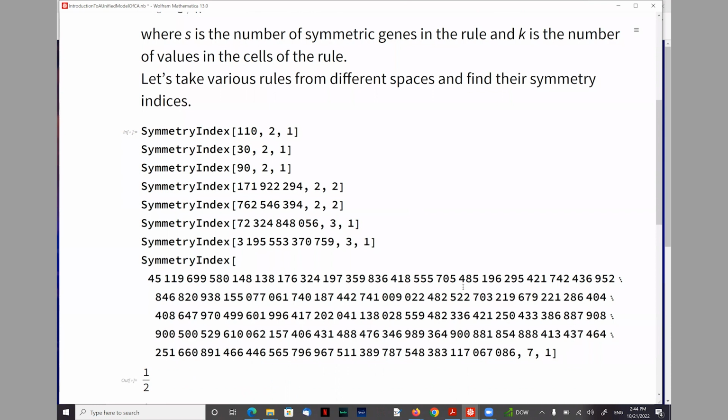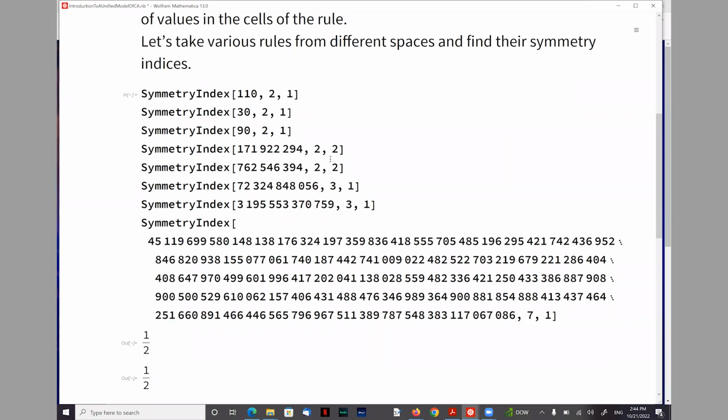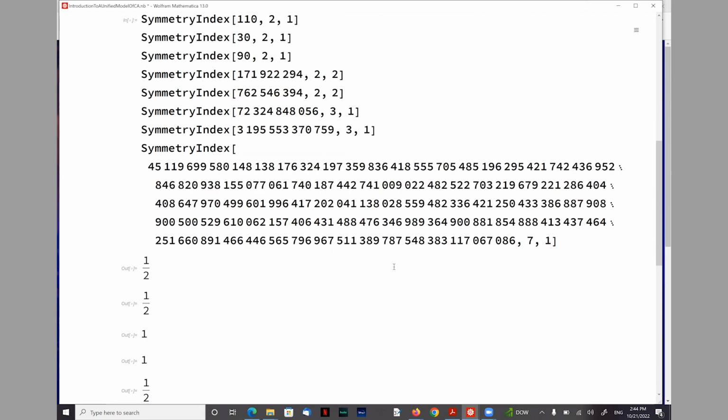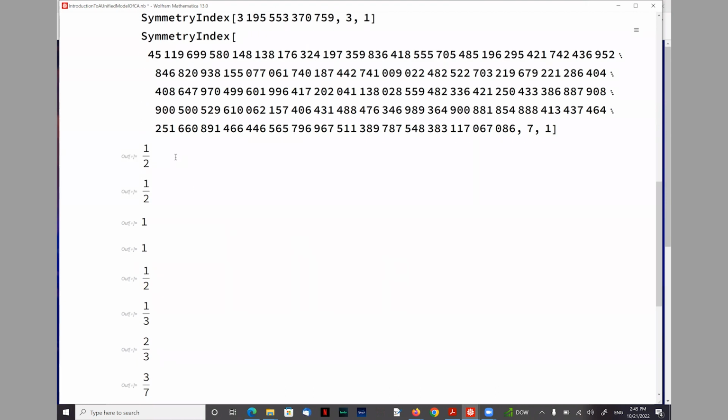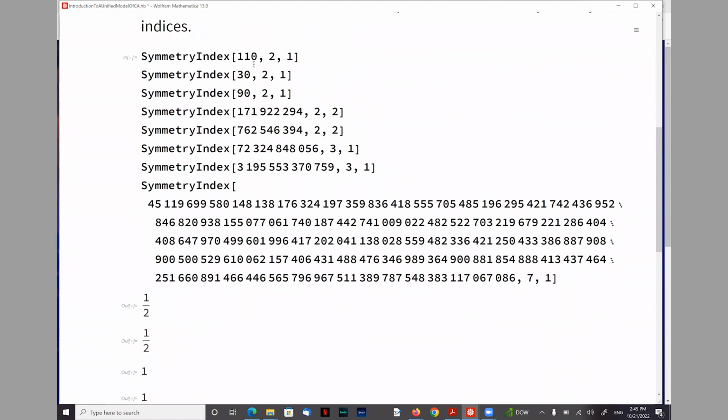We take different rules and find the symmetry index for each one of those. And I even tried this one. This is in K equals 7, R equals 1, so that's a little bit bigger. I didn't memorize it, but here we have the symmetry index. For instance, 110 is 1/2. That's semi-symmetric. 30 is also 1/2. 90 is totally symmetric.